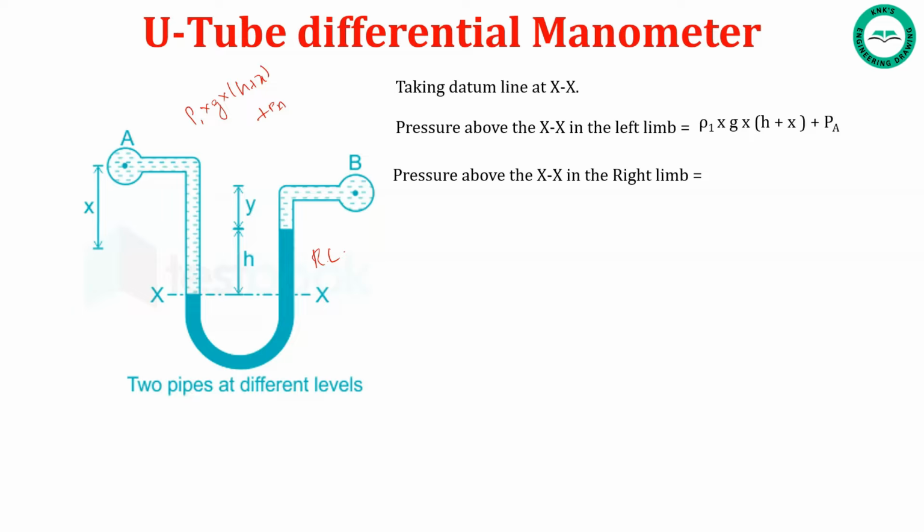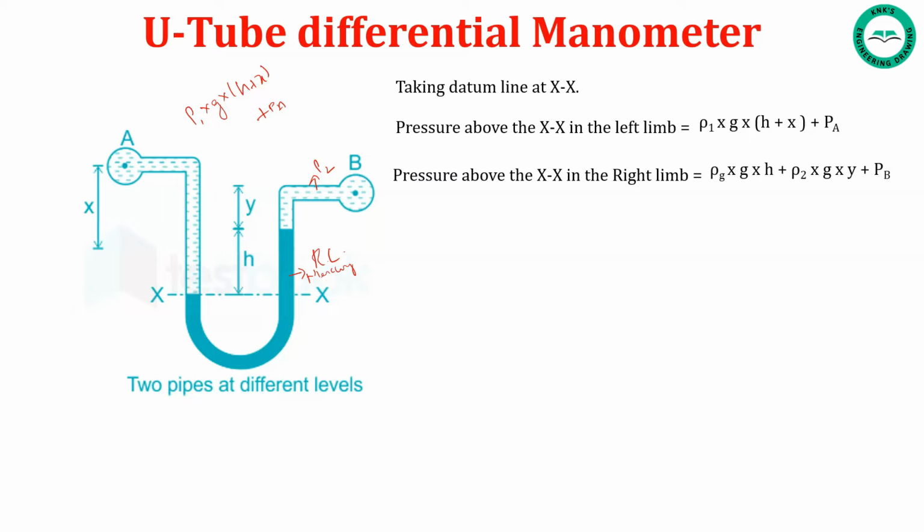Pressure in the right limb is given by, as there are two liquids above the reference line. One is reference liquid, that is mercury, and another one is another liquid with different density, that is rho 2.